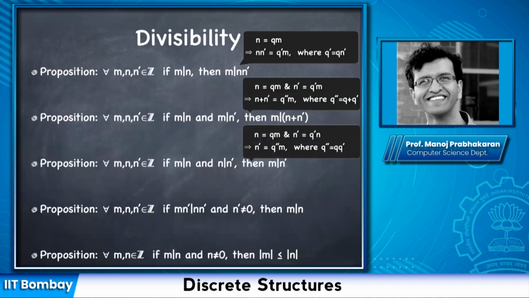The next one says if m divides n and n divides n prime, then there is a transitivity property: m divides n prime. It follows easily by writing n as a multiple of m and n prime as a multiple of n. If you substitute n as q times m, you get n prime as q q prime times m. So m divides n prime.